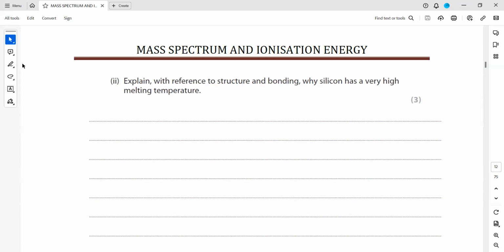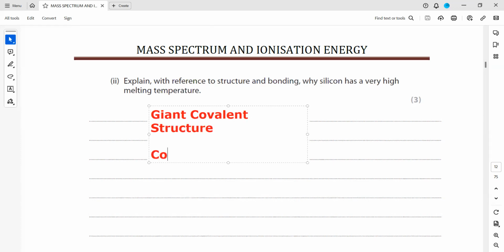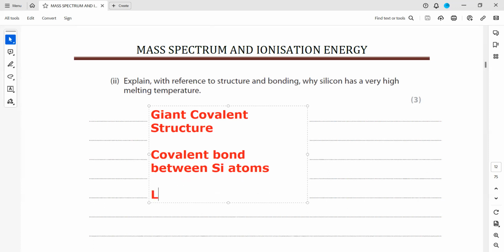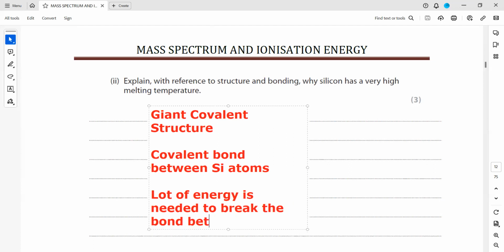So how do you score 3 marks? Number one, the structure: what kind of structure does it have? It has a giant covalent structure. What kind of bonding is there? It has covalent bonds between the atoms. And a lot of energy is needed to break the bonds between the atoms, because a substance has a high melting or boiling point when we need a lot of energy.